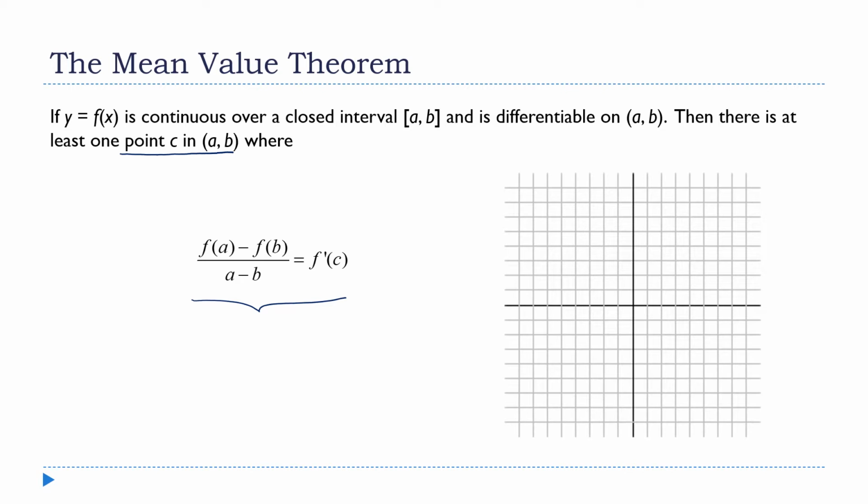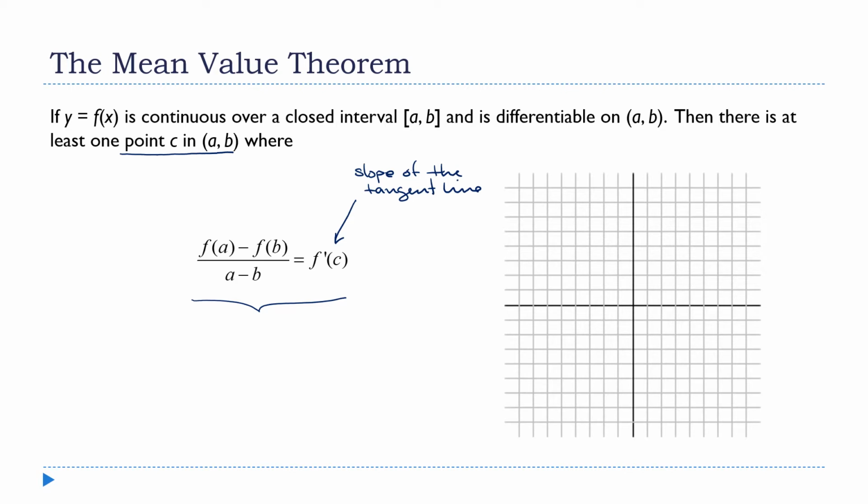Now that may look a little bit of a mess, but let's think about this for a minute. This right-hand side is just the derivative, right? And I want you to think of these in terms of slopes. This is the slope of the tangent line.